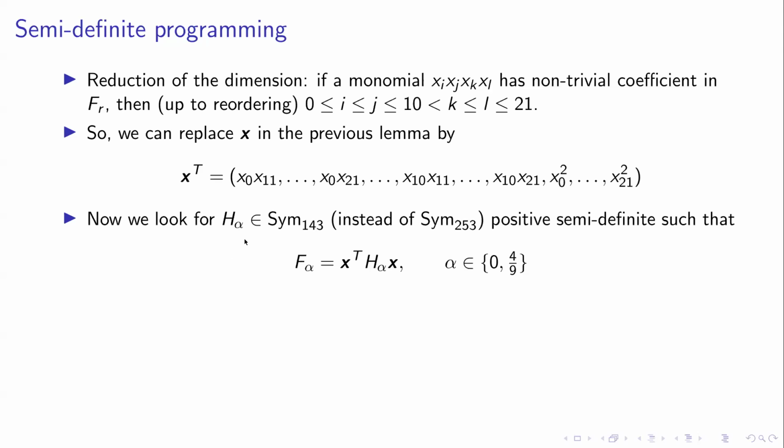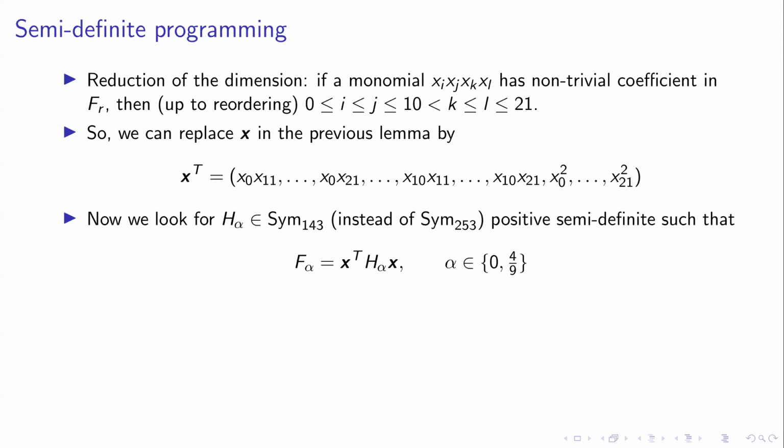Then we have to look for this symmetric matrix H of size 143, instead of the much bigger one that the lemma gives. So we have to find these matrices. This alpha just indicates the value of R, 0 or 4/9, which means we have to solve this problem twice.